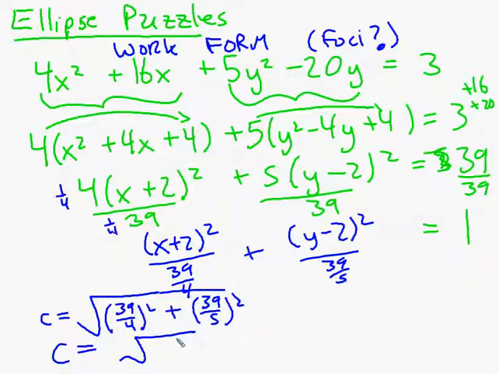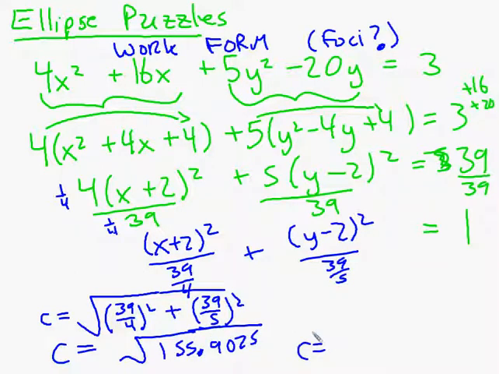And C is the square root of what? I get a decimal. 155.9025, and then we would square root that.